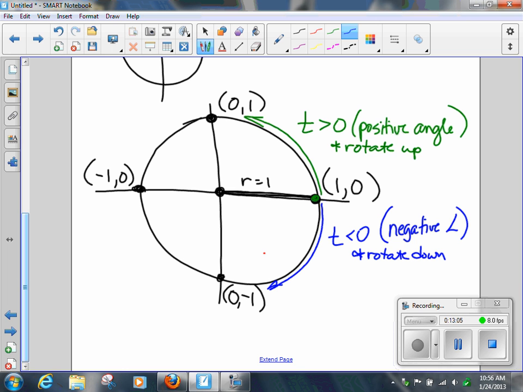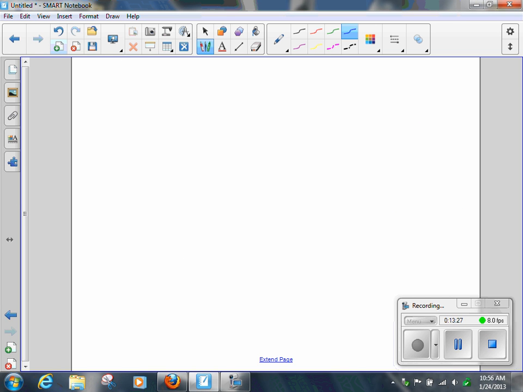Just make that notation in your notes. Positive angle rotates up. Negative angle rotates down. We've never dealt with negative angles, have we? But now we're in this trigonometric information, and we are going to deal with it. Okay? Very simple. Here we go. How do we determine?